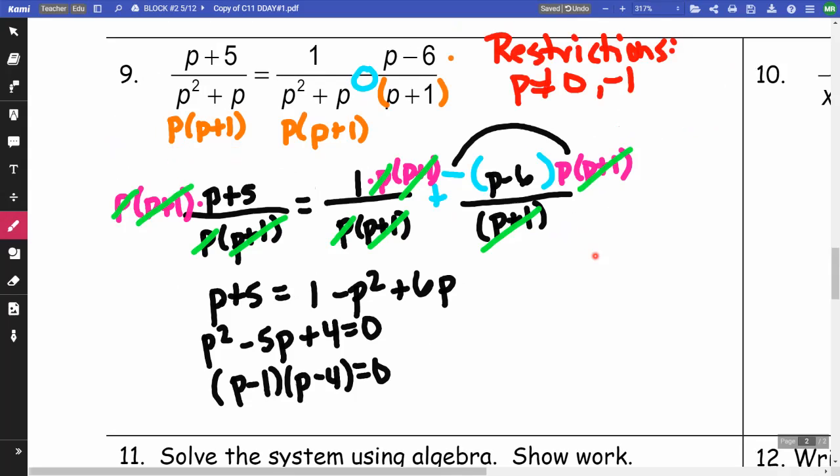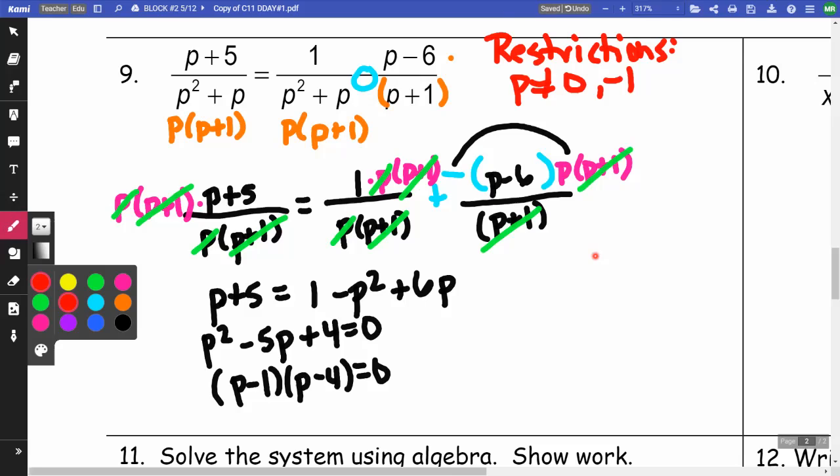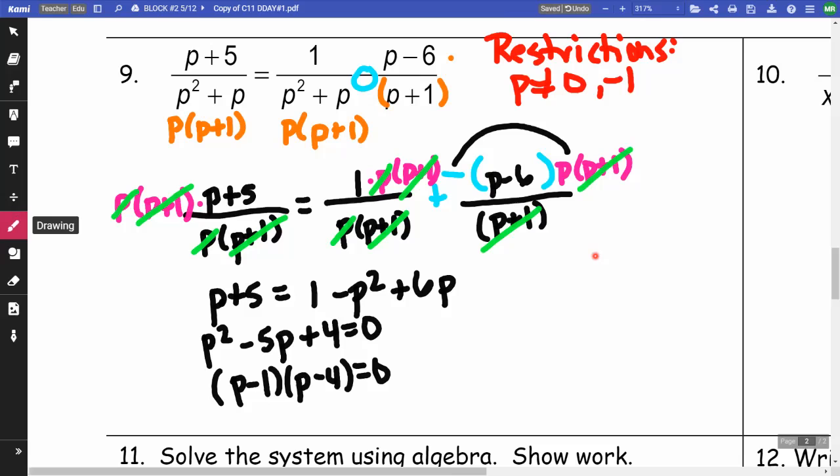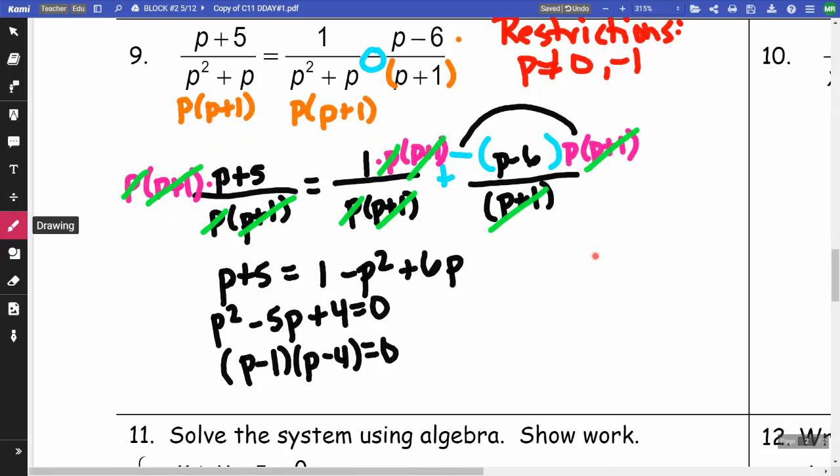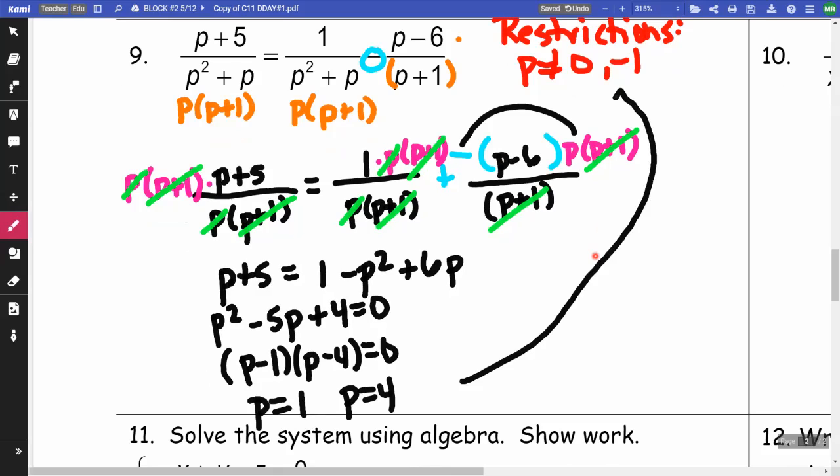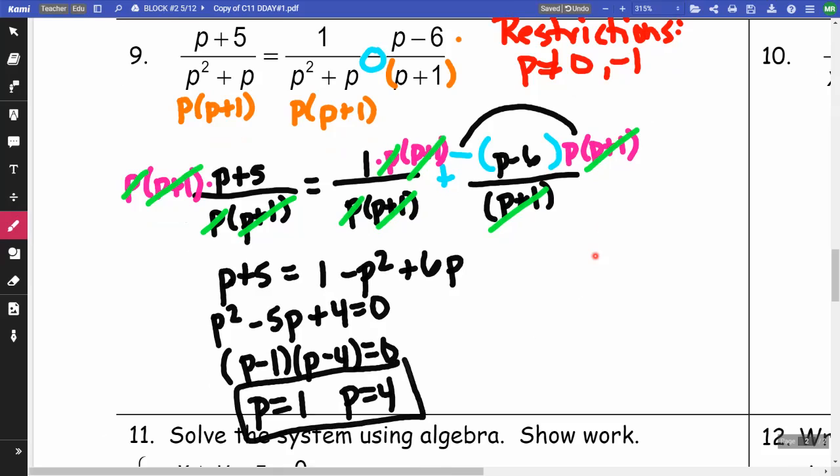Okay, so when I'm solving this, my p minus 1, that's going to be p equals 1. My p minus 4, that's going to be p equals 4. And again, if I'm looking up here, that's a negative 1 and a 0. This is a positive 1 and a 4. So those are okay, and that's your answer.